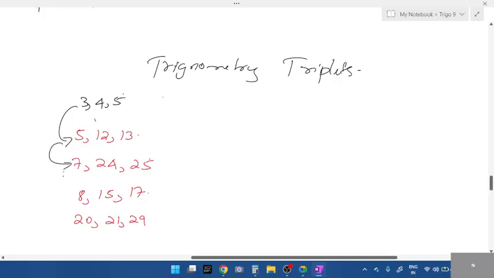Then for 7, it is 7, 24, 25. 8, 15, 17, 20, 21, 29. Memorize those values.